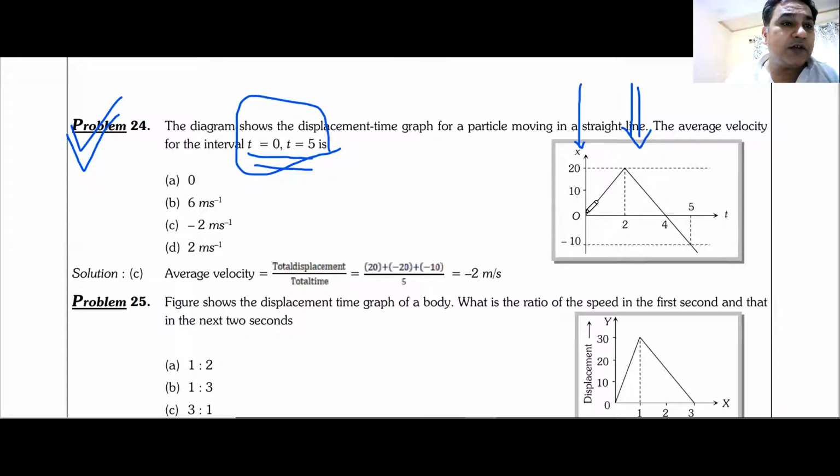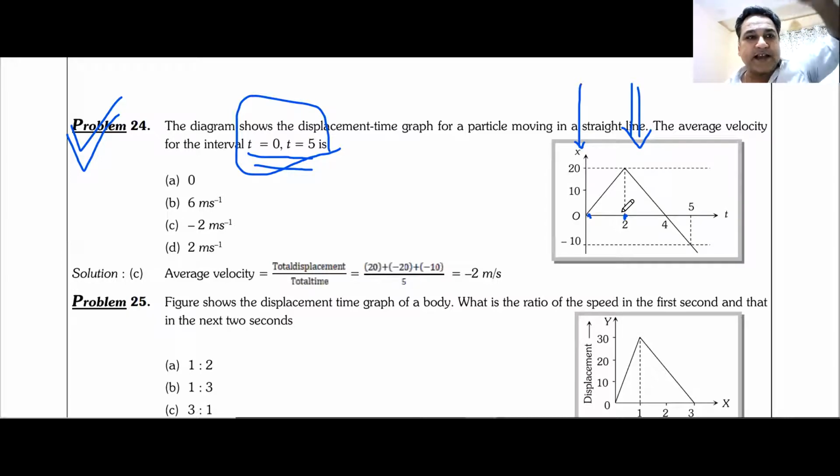From 0 to 2 seconds, it is moving from the origin to 20, in the right hand direction, plus x-axis.